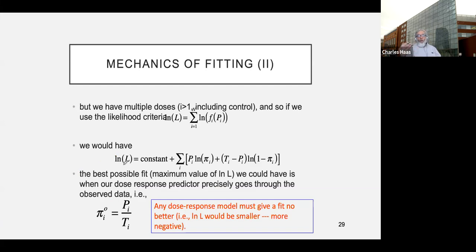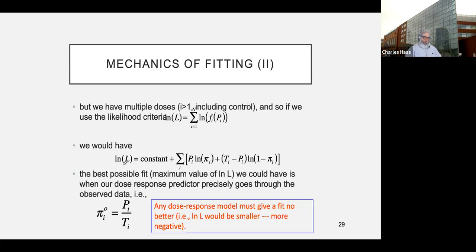If I have multiple doses, and if I take the logarithm of both sides, I would multiply the f sub p's together. By taking the logarithm of fp, I sum the logarithms of fp.